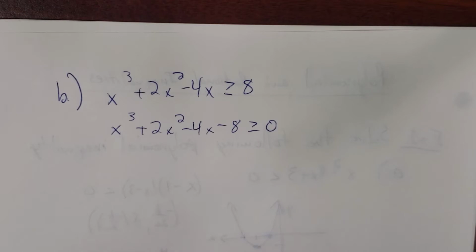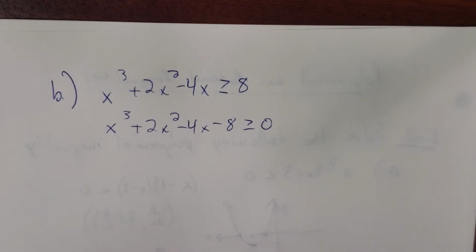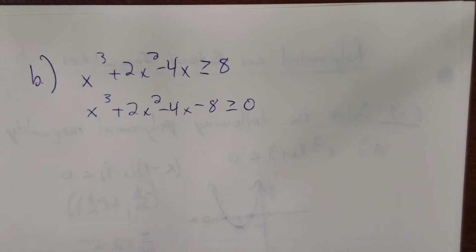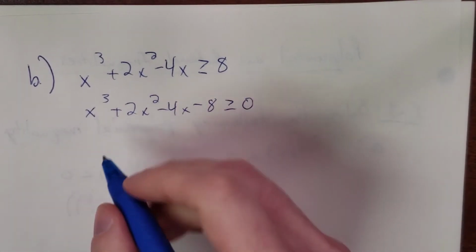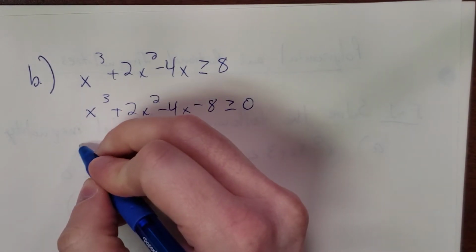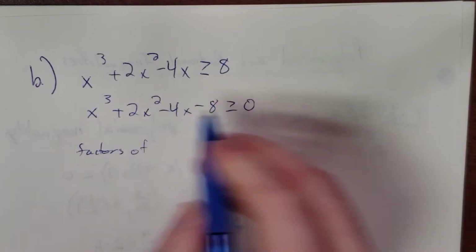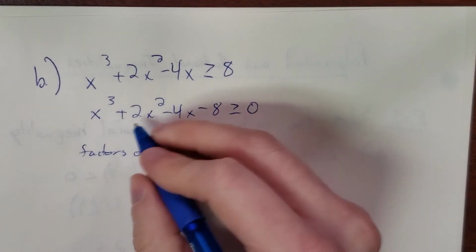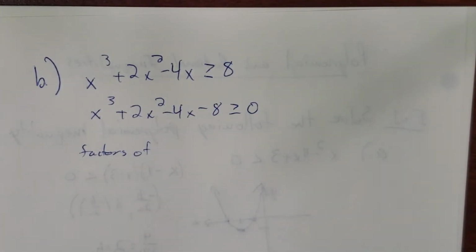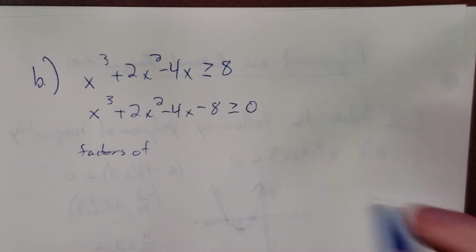We want to factor again, just like we did in the last problem. Factoring is going to be a little bit more difficult in this case. So as a reminder of how to factor, we first recall that it is the factors of what zeros do we have here, right? To be able to factor, we know from the last section we can find the zeros of the polynomial.